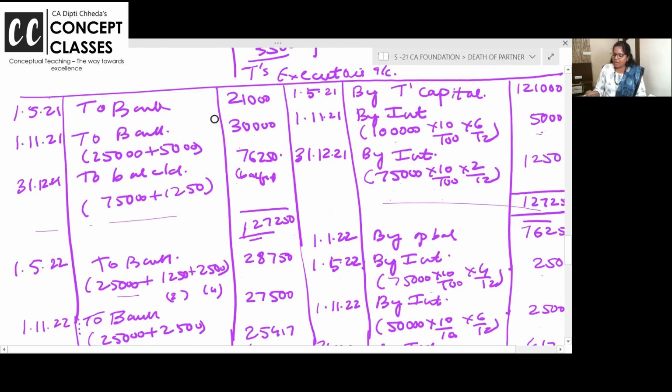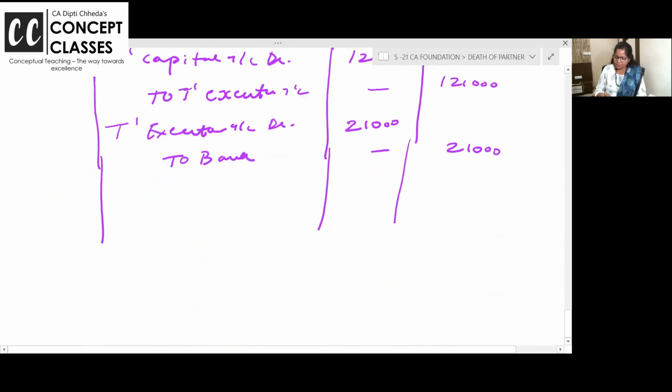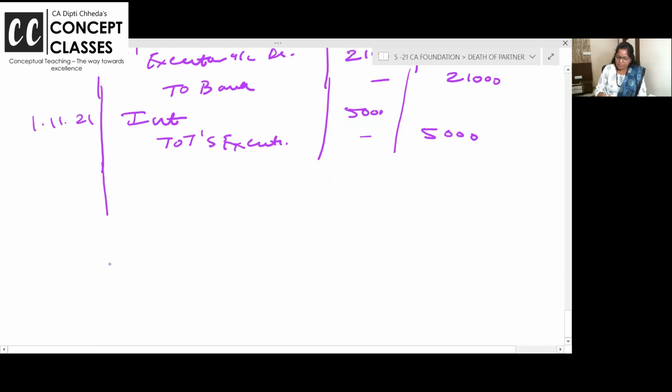21,000. Again 5,000 interest will accrue on 1/11/21. Interest is my expense to T's executors. 5,000 interest I have to pay to T's executors.